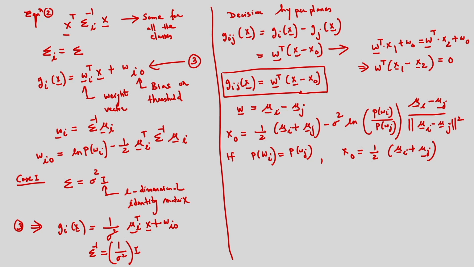And also the hyperplane will be orthogonal to the vector w, which is equal to mu I minus mu j. So that I will show pictorially.